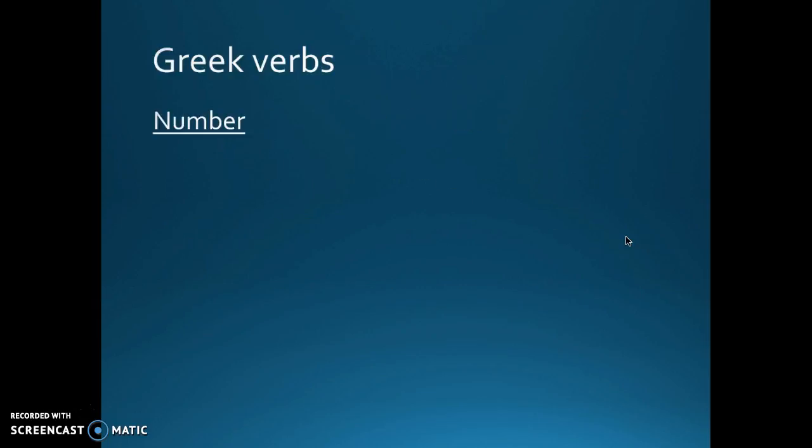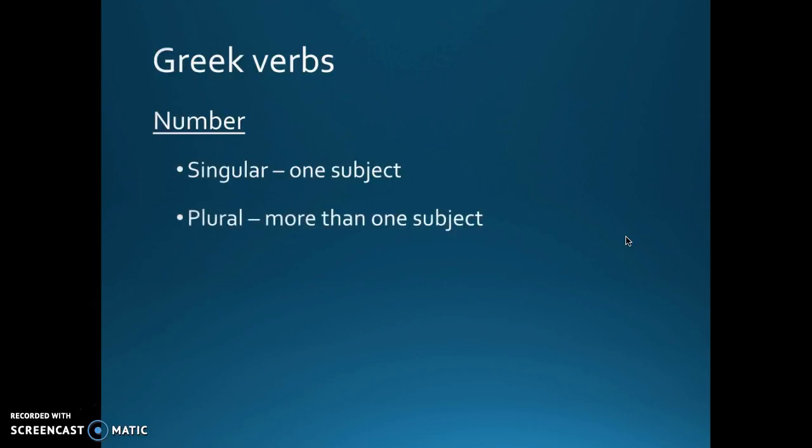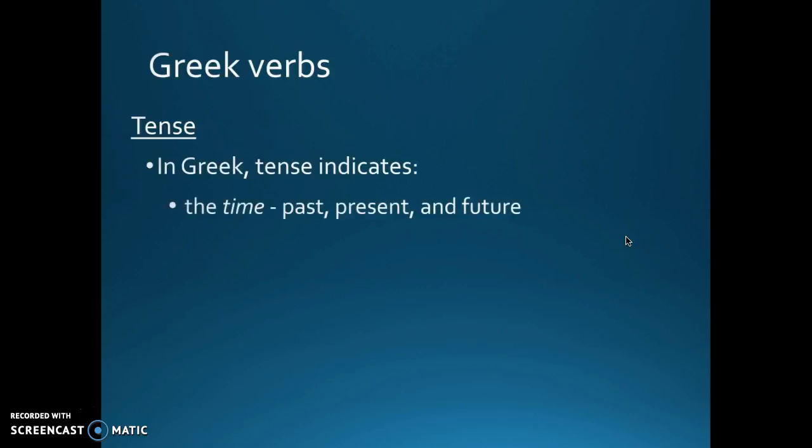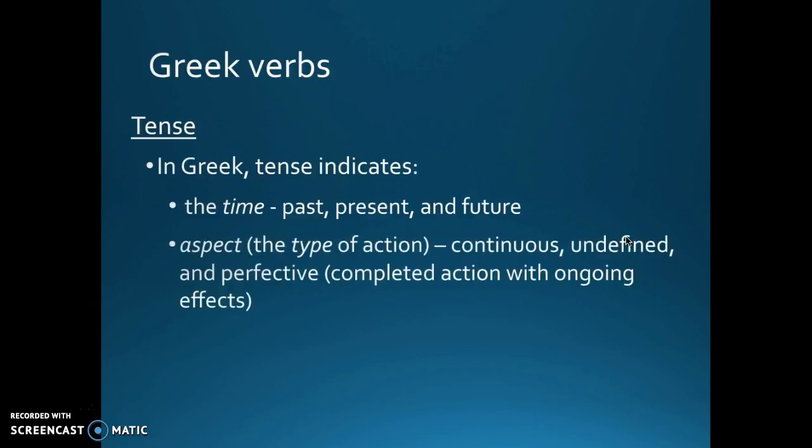Greek verbs, like English verbs, have number. They can be either singular or plural. They have tense. In Greek, tense indicates the time, so it could be an action that occurred in the past, in the present, or in the future.